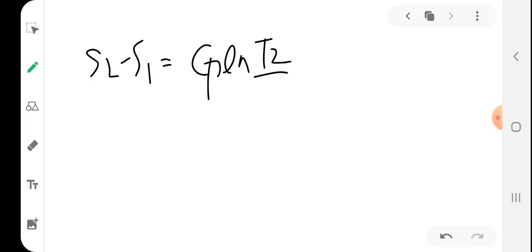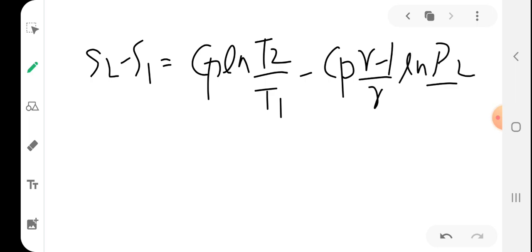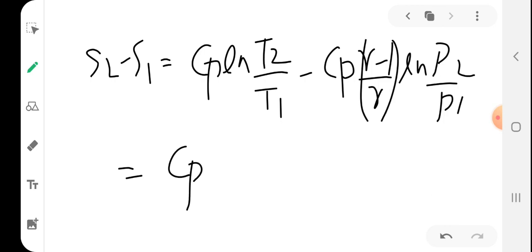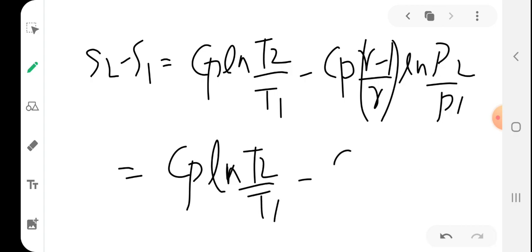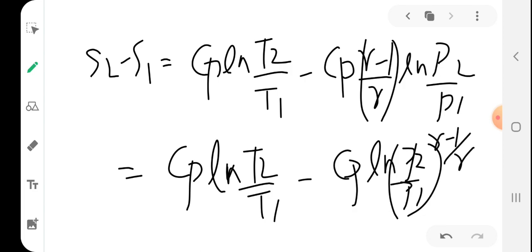So substituting that, you will get S2 minus S1 equal to Cp log T2 by T1 minus, instead of R, you write Cp (gamma minus 1) by gamma log P2 by P1. Cp can be taken as common, and the gamma minus 1 by gamma can be written as the exponent: Cp log T2 by T1 minus Cp log (P2 by P1) all raised to gamma minus 1 by gamma. That is the property of log.